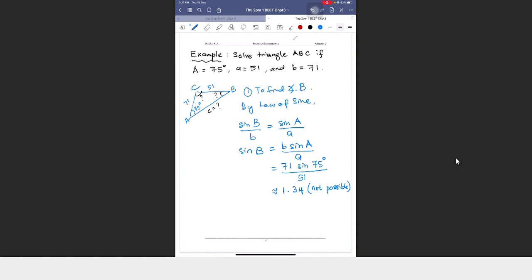So maybe I can write this as: because sine can never exceed 1, therefore, thus there is no triangle. Or that is the same thing as saying no solution.